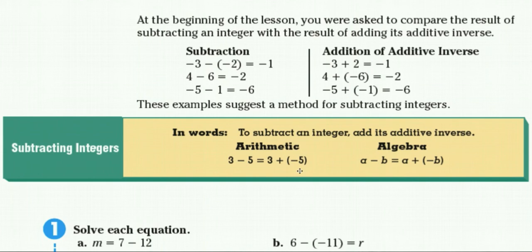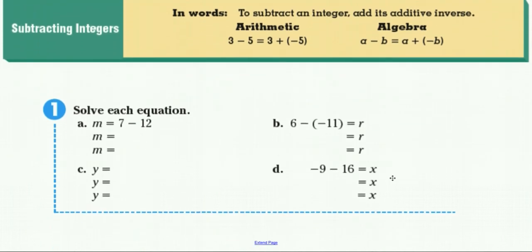So when you're subtracting integers, you don't want to use the counter method or the number line method. You can use the additive inverse property to subtract integers. 3 minus 5 is equal to 3 plus negative 5, or in symbols, a minus b is equal to a plus negative b.